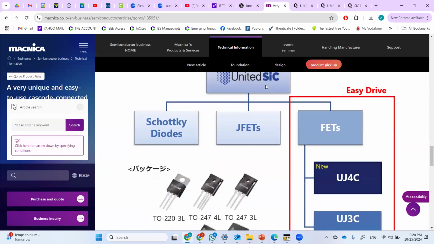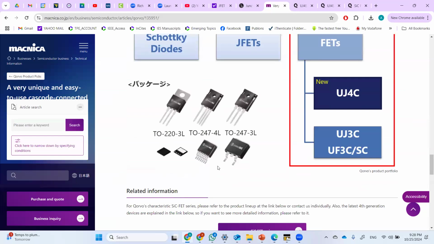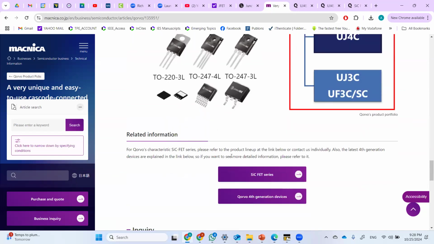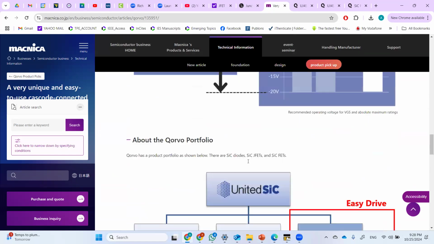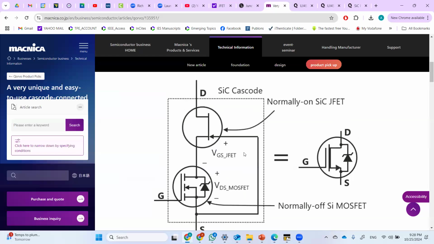Yeah, so this is the company, it's called United SiC. Now Qorvo has already bought this company, and this is the shape of this one. I would like to see the circuit again to show you the circuit. As you can see, guys, this is the gate terminal, and this is the source terminal. The source terminal is internally connected, not connected outside, but the gate terminal is connected outside.